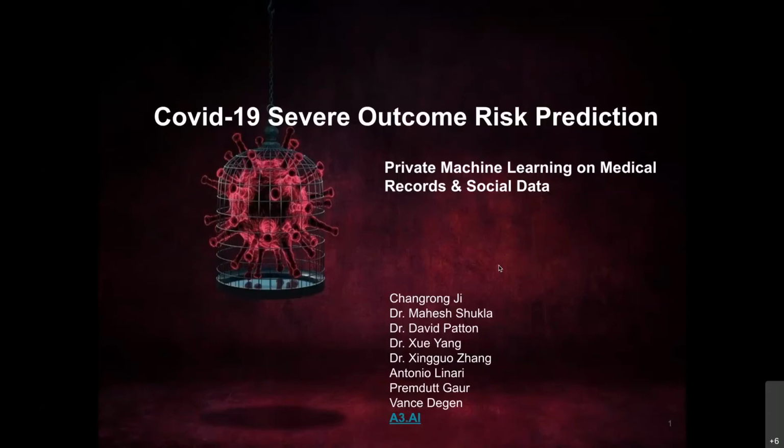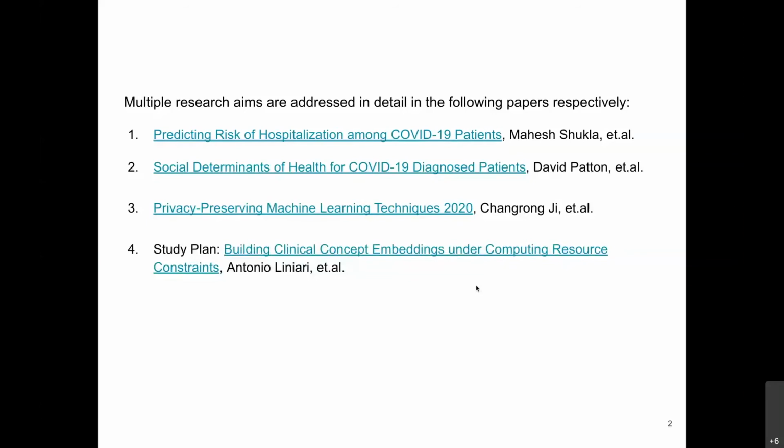We're using machine learning on massive amounts of medical records and social data. We're a team of 8. There are actually multiple research aims. The top 2 are more data science, specific problem domain solving. The later 2 are more machine learning techniques.